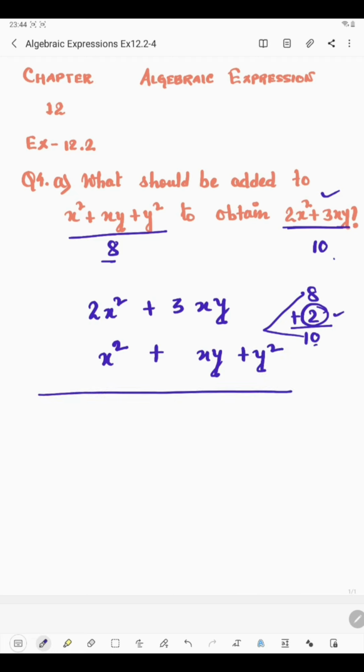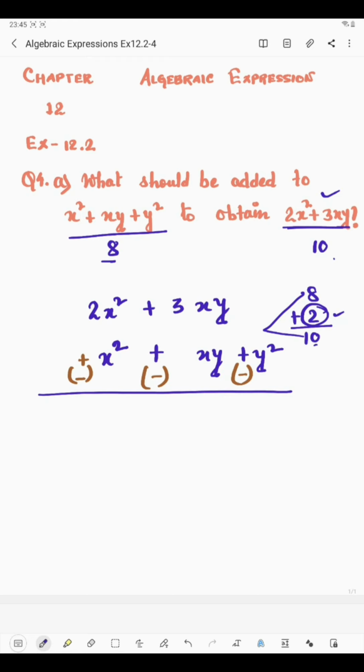Now we'll do subtraction. As you know, when you are doing subtraction, you have to change the sign. So the sign of this x square is plus. When you change the sign, it will be minus. Then this plus will become minus and this plus will become minus.